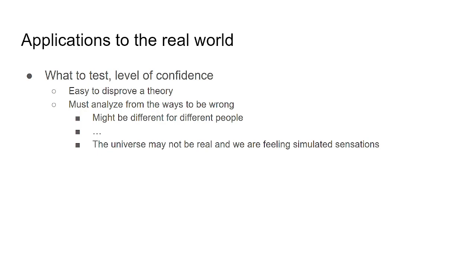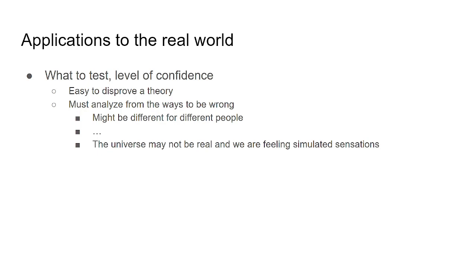Even if you have a lot of examples of something being true, if there's still ways where it could be false, then you still have to have some doubt there because it still could be false. Because it's so easy to disprove something, you have to keep that in mind and say, okay, there's a lot of ways it could be proven false, so I can't just believe it to be guaranteed true yet.